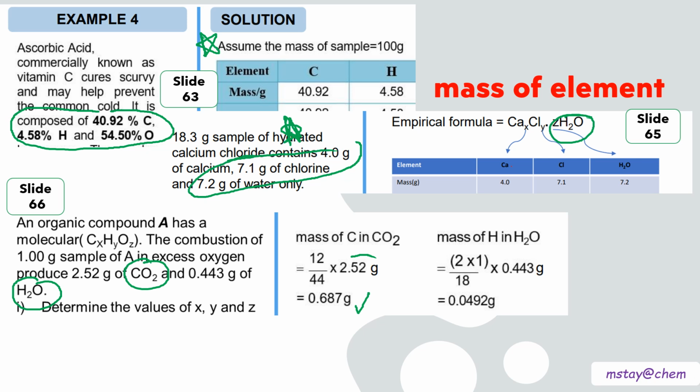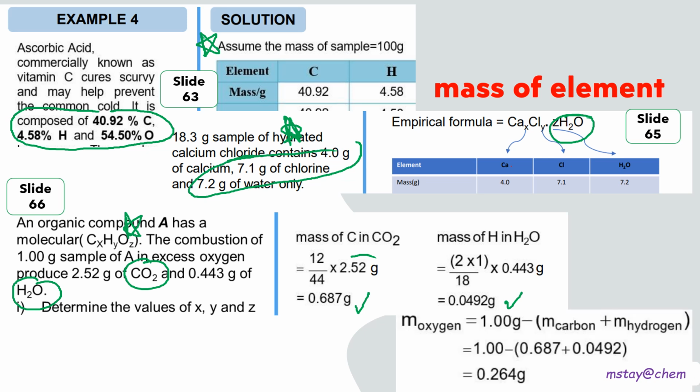Similarly for the mass of hydrogen in water, we use 2/18 multiplied with the mass of sample of water. Then how do you get the mass of oxygen? Since the question lets us know that the compound consists of carbon, hydrogen and oxygen, we use the mass of sample, which is 1 gram, minus the mass of carbon and hydrogen. The remaining mass refers to the mass of oxygen.